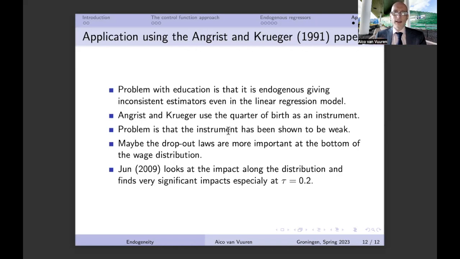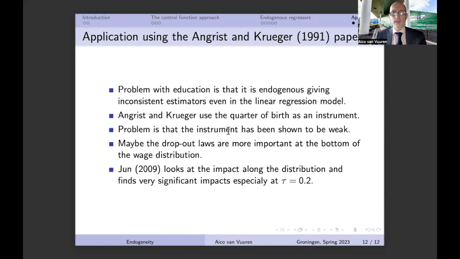Most people have a higher level of education, therefore you should realize that for many people these dropout laws are not that important. For people that want to at least have high school or even some college, the moment that you're allowed to drop out of high school is not that relevant, of course. But this may not be the case for individuals that are really at the bottom of the educational distribution.